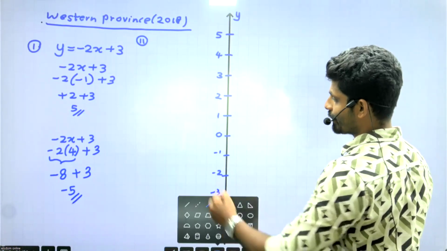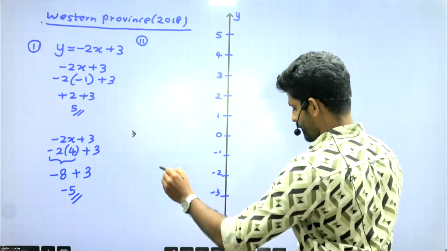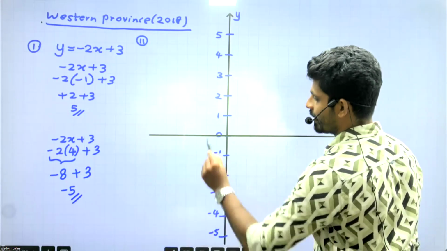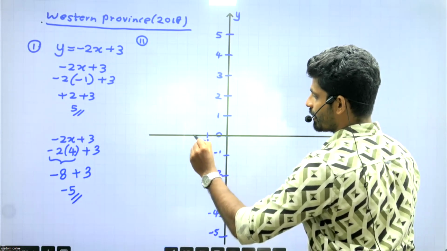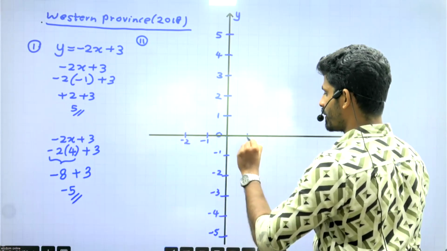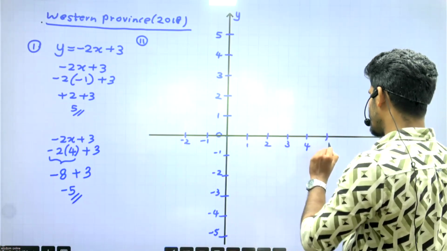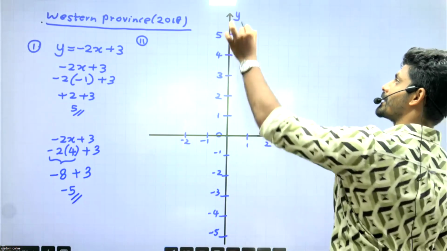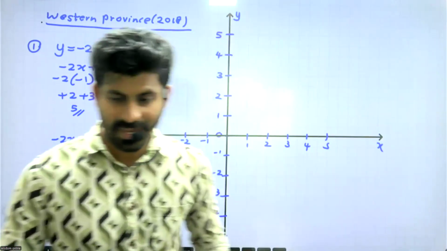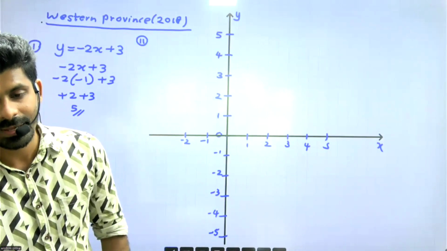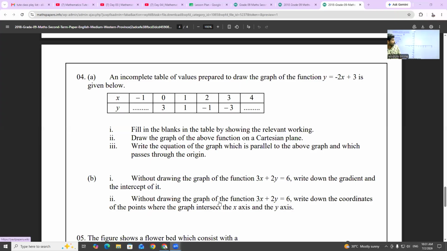Minus 5. 3, 4, 5. Then next, this one equals y. X and y. Let's quickly move to the next one. Minus 1 to plus 5.